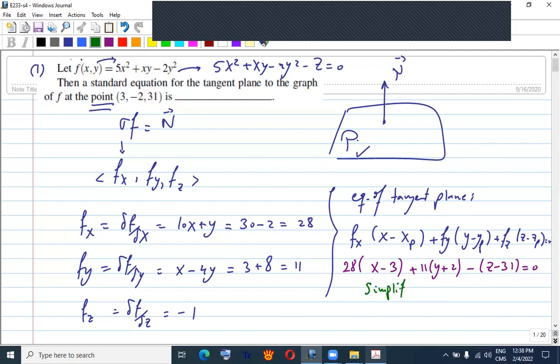On the test they prefer to simplify, in the sense of just collecting all the constants. So it's 28x with the 11y minus z, and just calculate the constant. This is the way you present it in a test usually, to have the tangent plane.